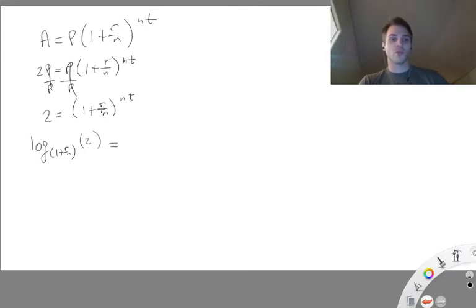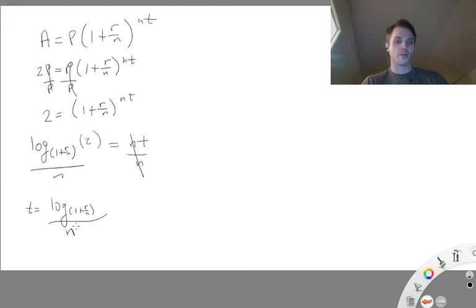When I take the log to this base of a number to that base, it just cancels out and equals 1, and we'll be left with nt. Now, we're going to divide by n because we want t, and we're left with t equal to the log to the base 1 plus r over n of 2, all over n.